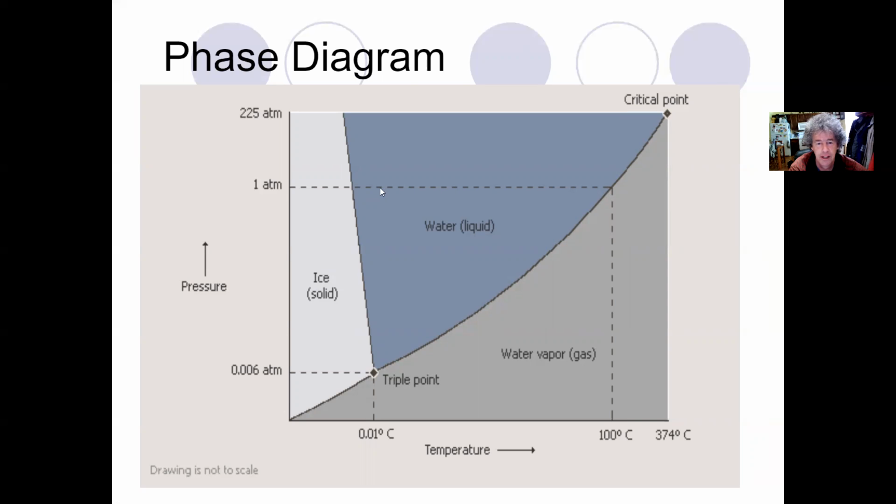Okay. Well, if you lower the pressure, notice that the amount of energy it takes to form a gas is less. That's because the vapor pressure, as you're lowering the pressure pushing down on the substance, is less, so it's easier for a substance to escape.